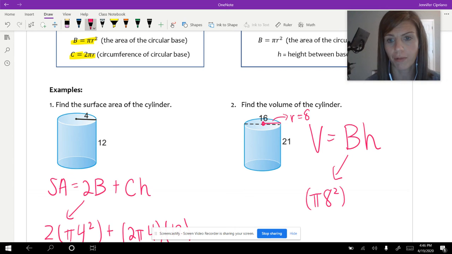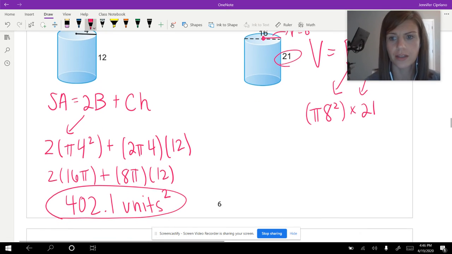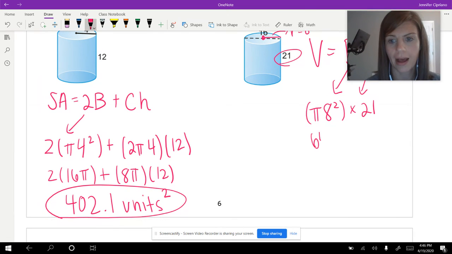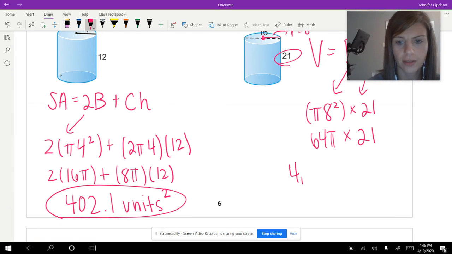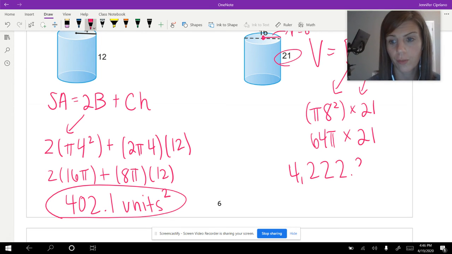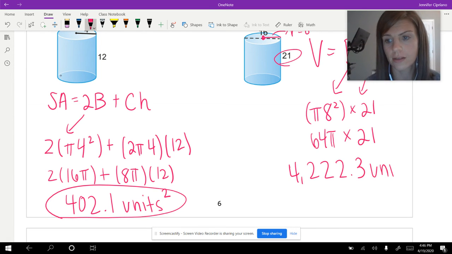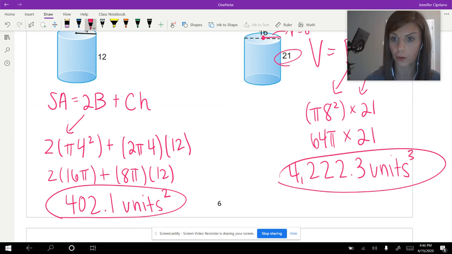And we're going to multiply that by the height of our cylinder, which is 21. So this is going to be 64 pi times 21, which is about 4,222.3 units cubed this time because we're talking about volume.